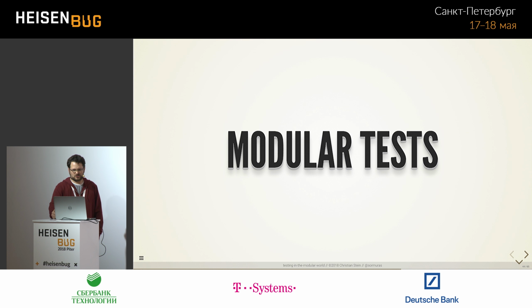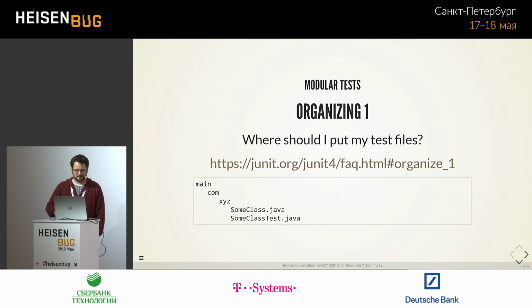Okay, so far so good. We have an application. Now, testing in the modular world. Does any one of you remember, like 15 or 20 years ago, when we wrote tests for the first time without the support of a testing framework, how that looked like? Basically, you had your main class in a package, and you had some test class runner main thing next to it.